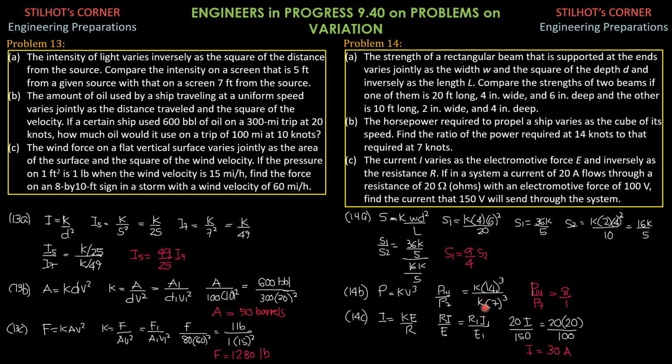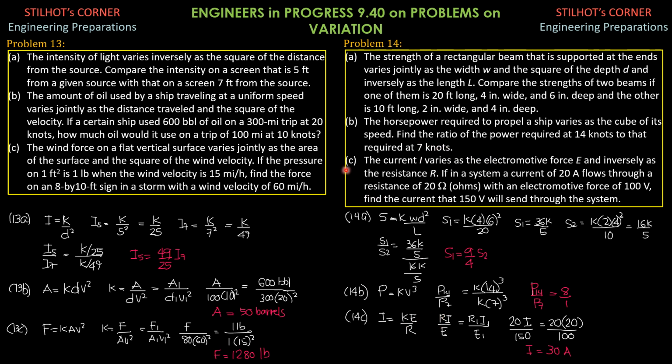We can cancel K. So the ratio of the power required to propel a ship at 14 knots to the power required at a speed of 7 knots is 8 to 1. You just call it 8 to 1 because it is the ratio that is required there.